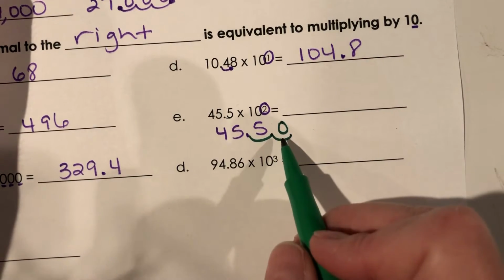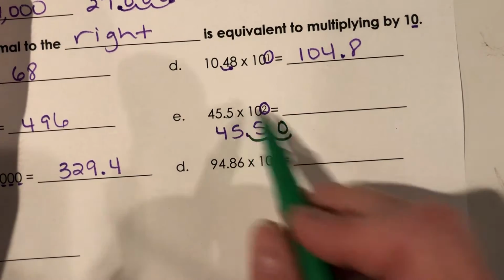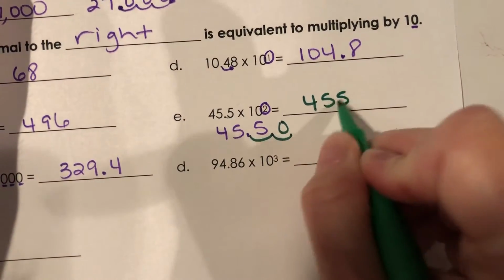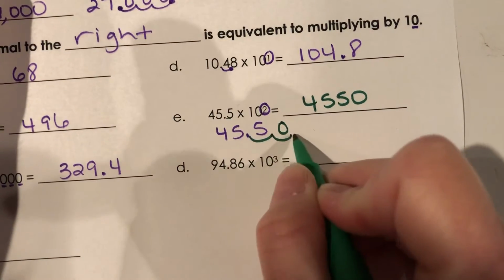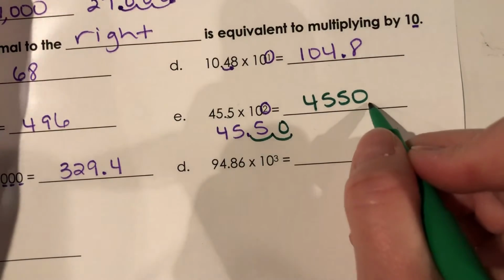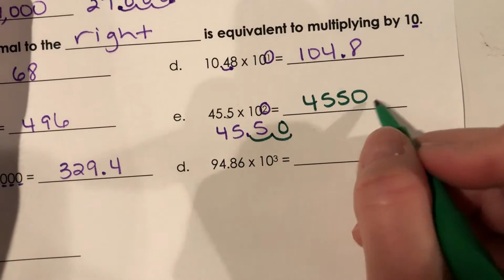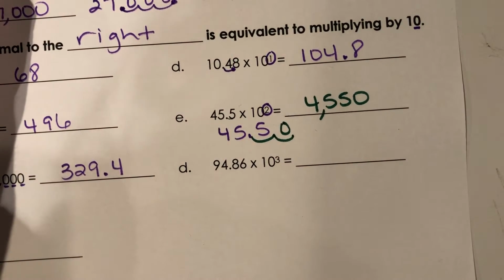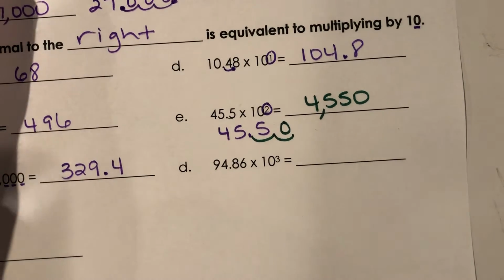You need a number in that place, and I don't have any ones, so 0 ones. So I can write down all my digits. 4550, I know the decimal's at the end, so I don't need to write it. I should put in my comma though. And commas and decimals aren't the same thing, so just be careful.